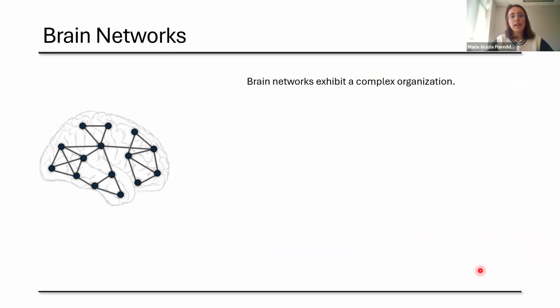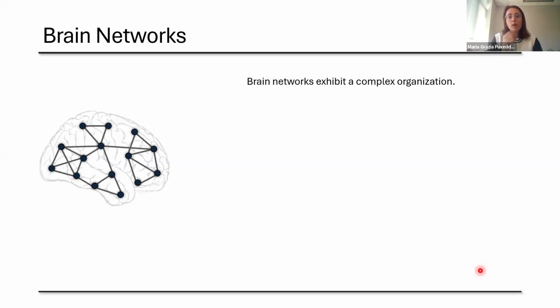We can have anatomical connections, and that forms our anatomical brain networks, or we can have functional connections. That is, for example, two nodes display brain activity that is highly correlated, and that is a functional connection.